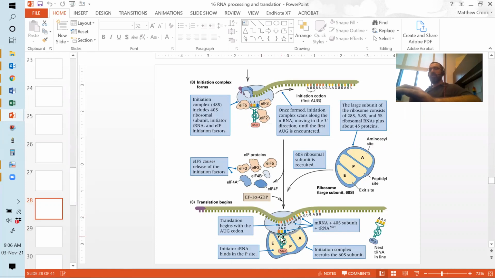the ribosome assembles over the start codon, and then the reading frame, the words, are specified by the start codon. So every three bases after the start codon equals a word, a codon.